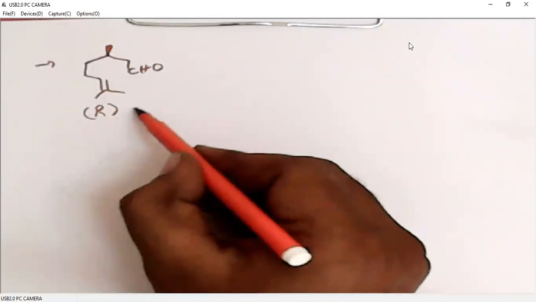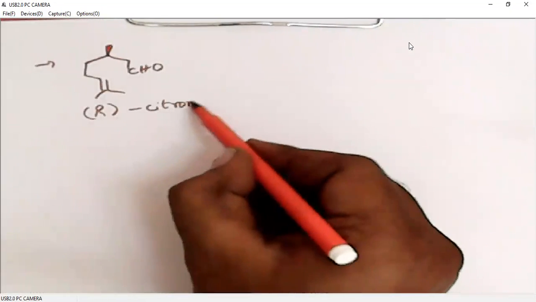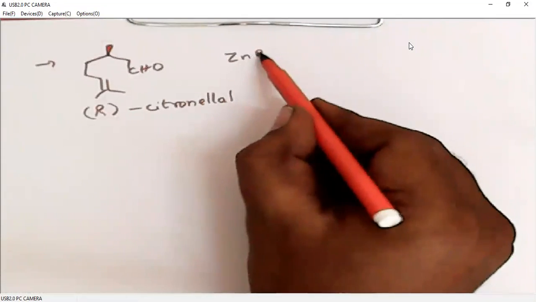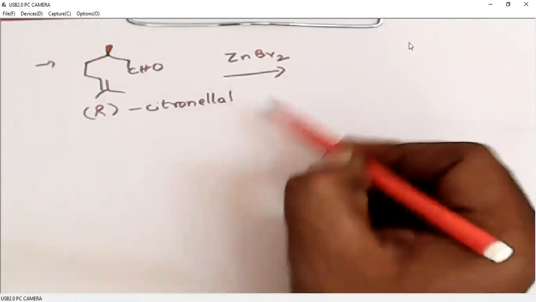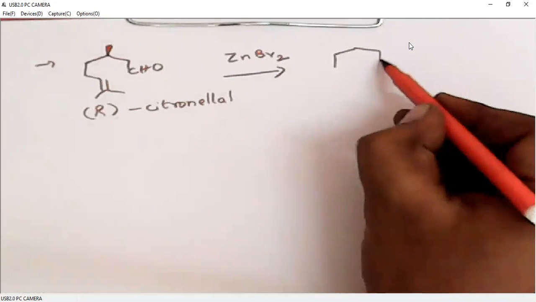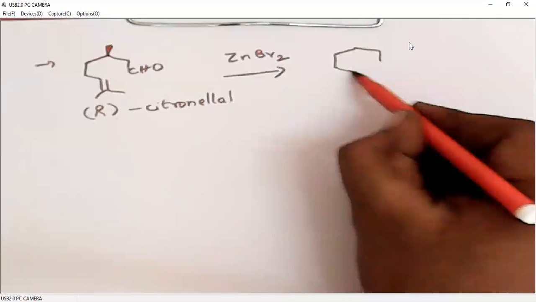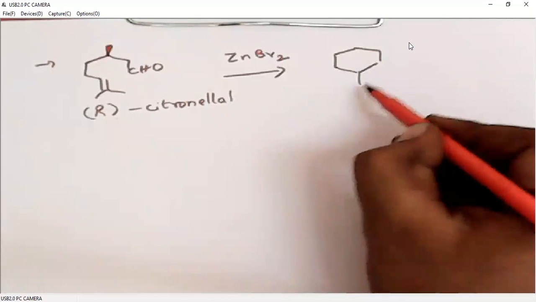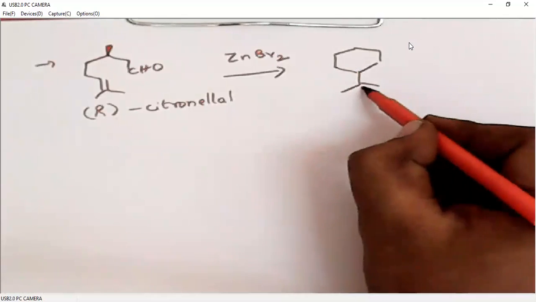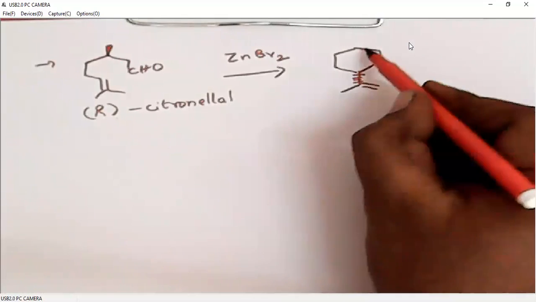This is R-citronellal. When it was treated with zinc bromide, it generates a 6-membered ring. This is below the plane.